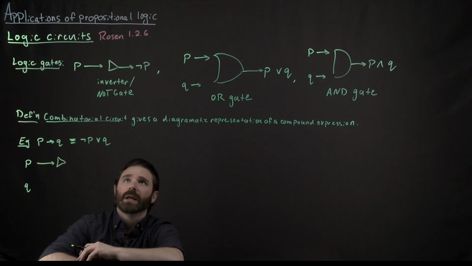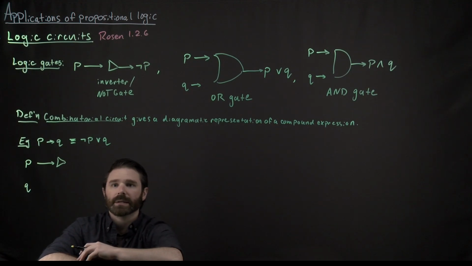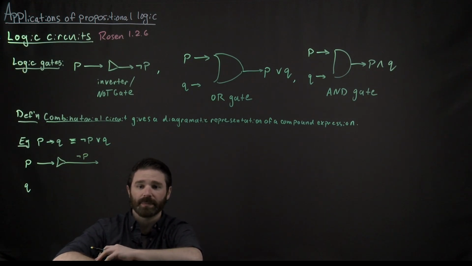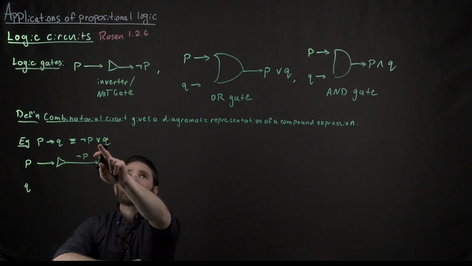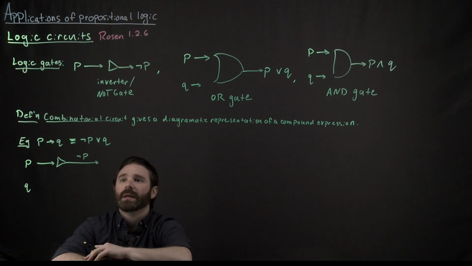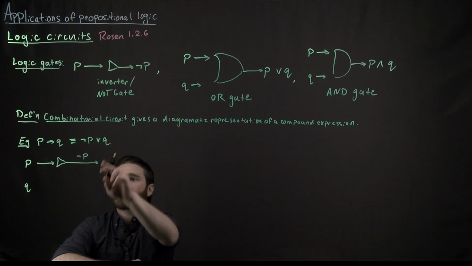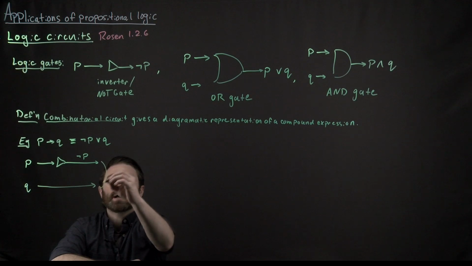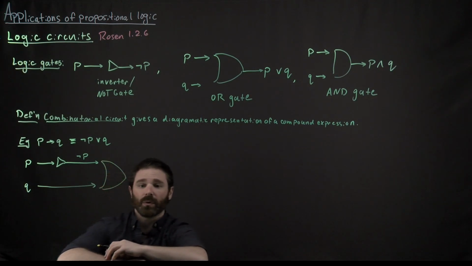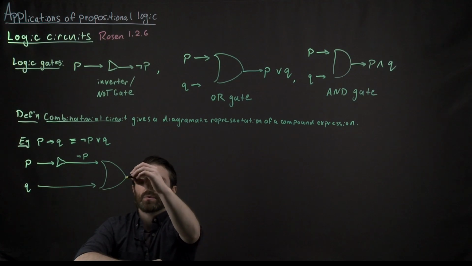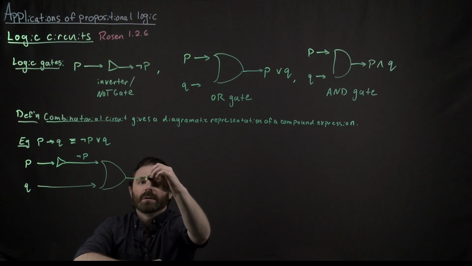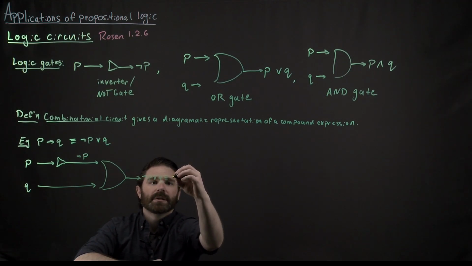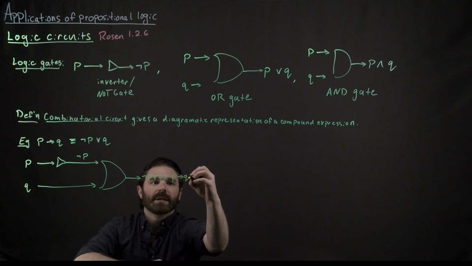So it's going to go into an inverter or a NOT gate right here, and it is going to come out as a NOT P. And then after that, I want to use an OR gate with this particular Q. So I'm going to have to take this Q, and I'm going to have to stick everything inside an OR gate. So if I stuck it inside an OR gate, this would become not P or Q, which we know is logically equivalent to P implies Q right here.